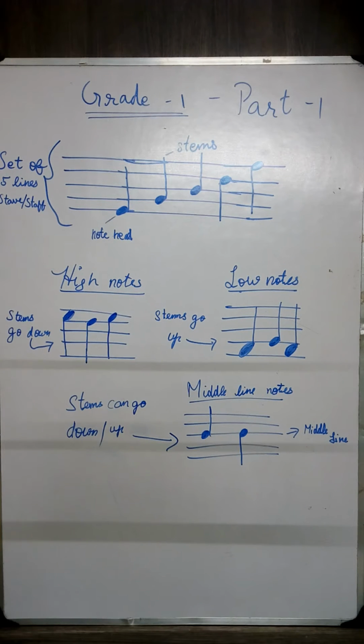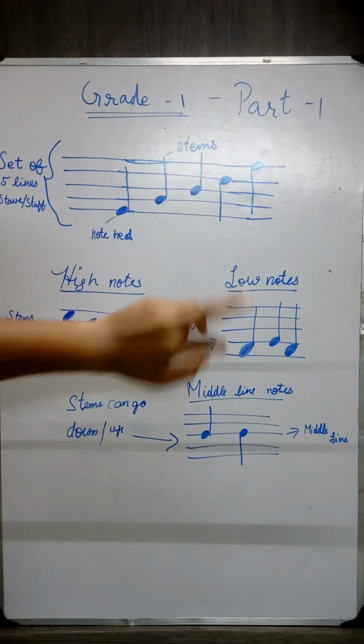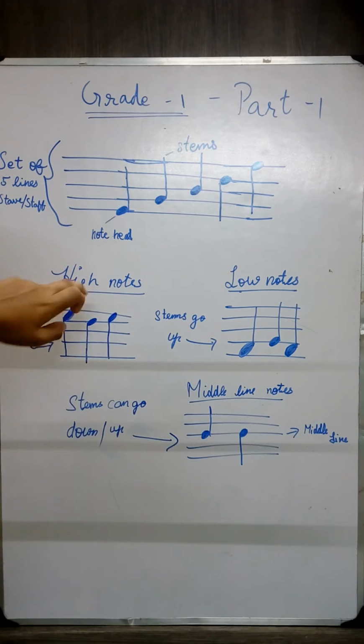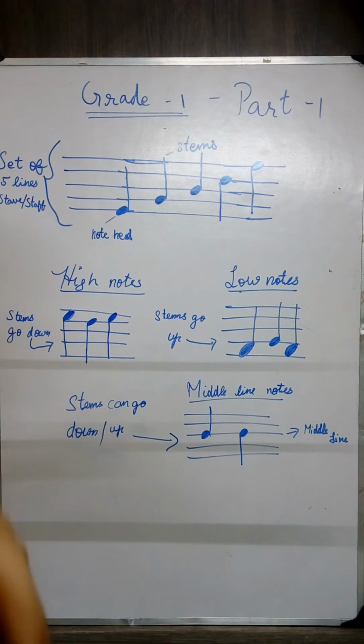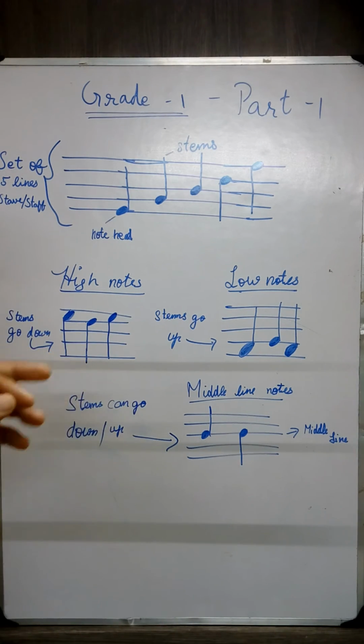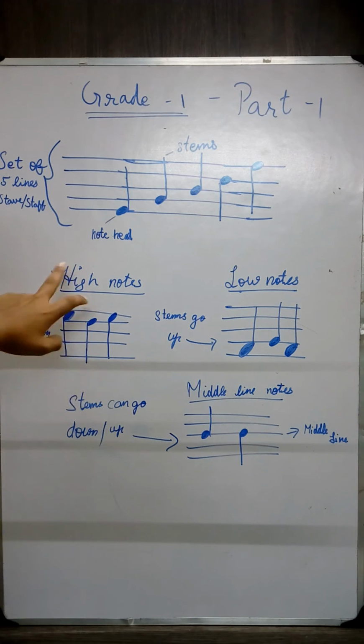This one is a mixture. The first note is a high note, so you can add the stem from top to bottom. Second is a low note, up. Third is a high note, down. Fourth is a high note, bring it down. Fifth is also a high note, bring it down.